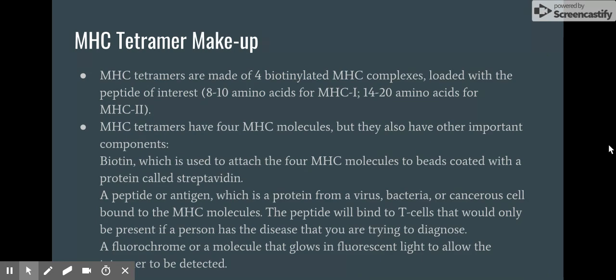MHC tetramer makeup. MHC tetramers are made of four biotinylated MHC complexes, loaded with the peptide of interest, 8 to 10 amino acids for the MHC class 1s and 14 to 20 amino acids for the MHC class 2s. MHC tetramers have four MHC molecules, but they also have other important components.